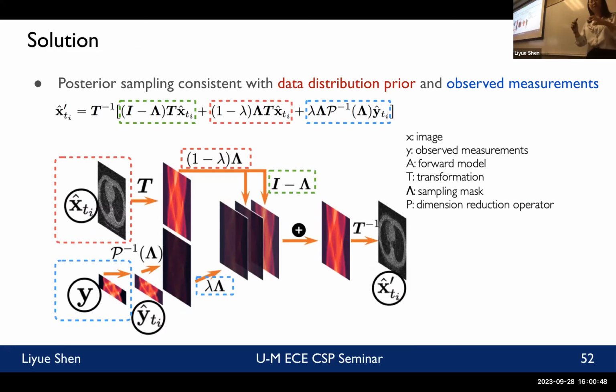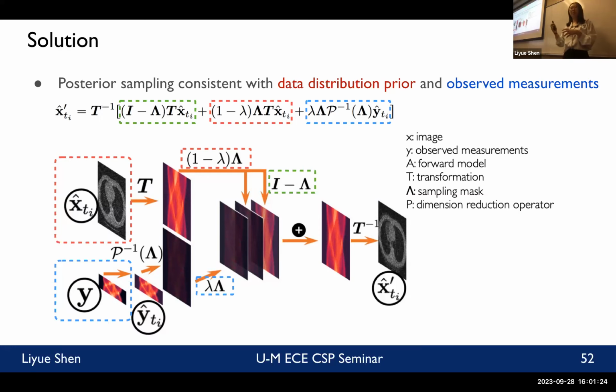For example, if we have a sampling mask, where we get our acquired measurements y, we just copy this information, which we know is correct ground truth, into the sampling step of each step. For the information that we don't know about the ground truth, which is outside of the sampling mask, we just copy that from the current sample.